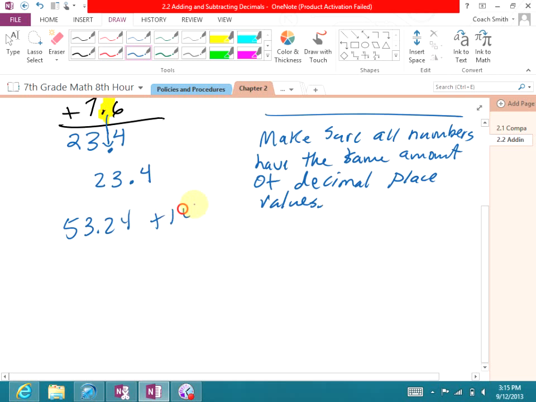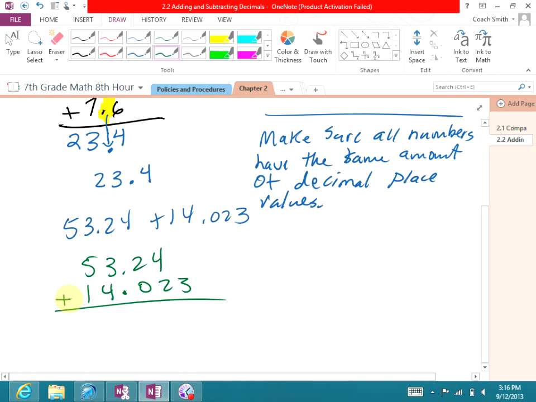53.24 plus 14.023. Okay, so if we line that up vertically, that means 53.24, and then we have 14.023, and we're adding. Okay, what I mean by making sure they all have the same amount of digits is this one only has 2 at the top, so I need to add a 0 to it. That does not affect the value of the number.